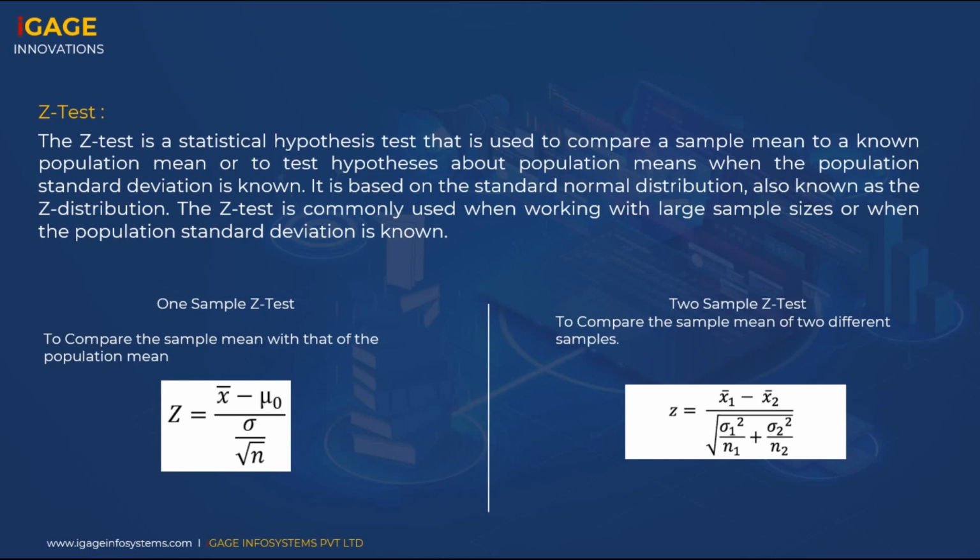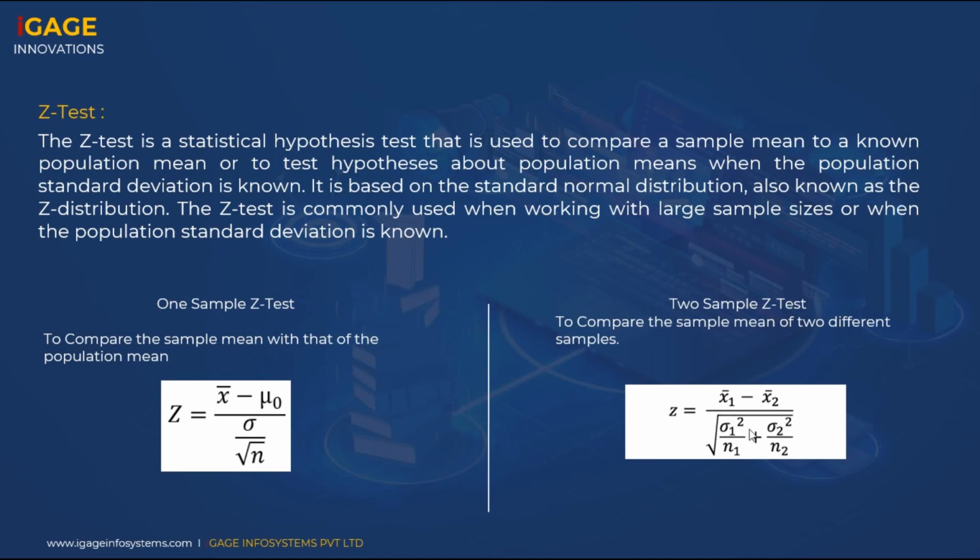In the one sample z-test, x bar is the sample mean and mu naught is the population mean. In the two sample z-test, x1 bar minus x2 bar is the difference between the sample mean of sample 1 and sample mean of sample 2.